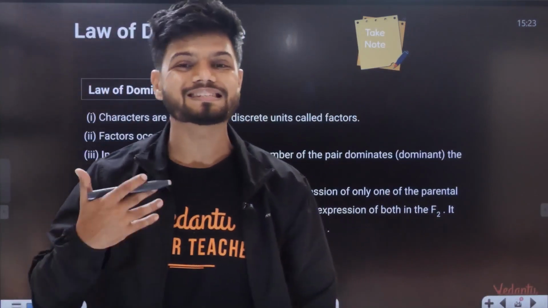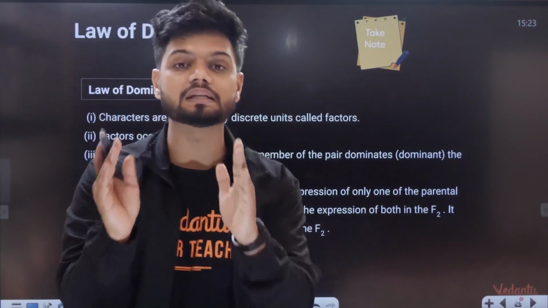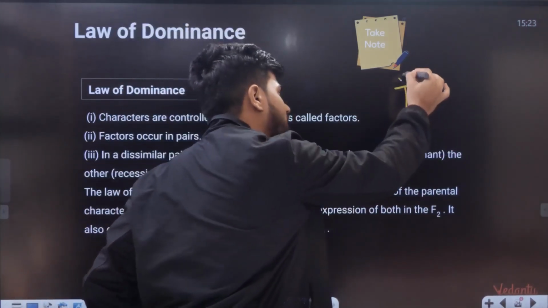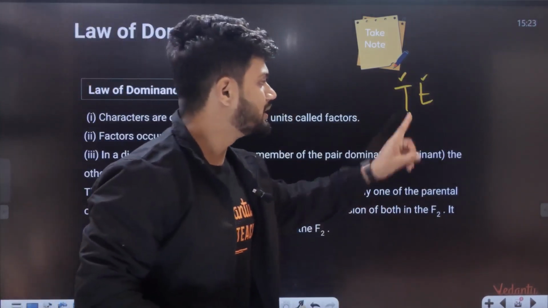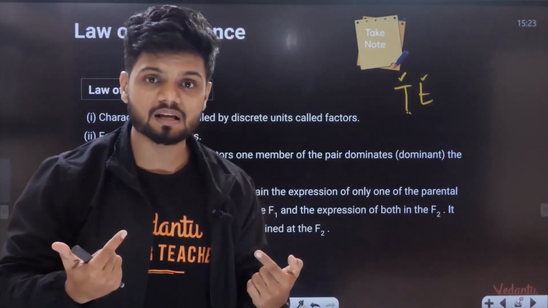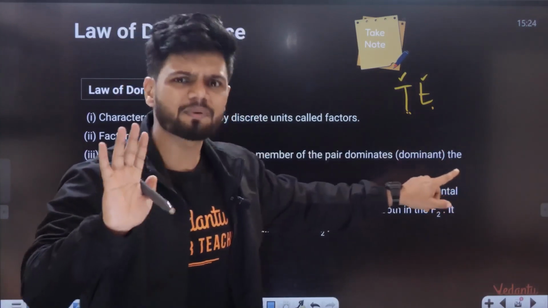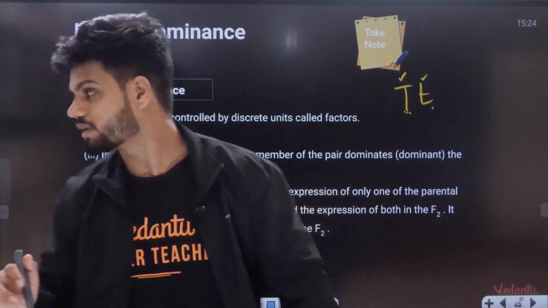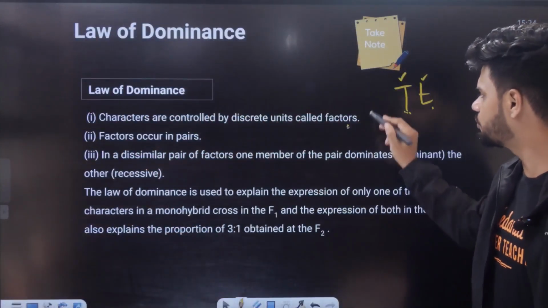Law of dominance says that when there are two contrasting alleles, capital T, small t, one will be dominant, one will be recessive. And the dominant allele will always express itself even in the presence of the recessive. And the recessive can only express when the dominant is missing. Characters are controlled by discrete units called factors. All of you know that.